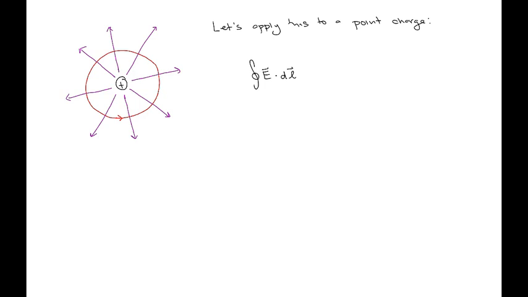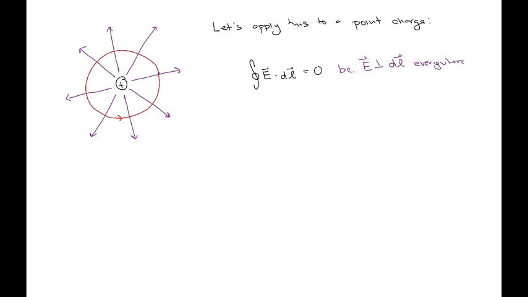Okay. In this case, if I think about E dot dl for this particular field, it has to be zero. And the reason is, if I go around this loop, E is perpendicular to dl everywhere.